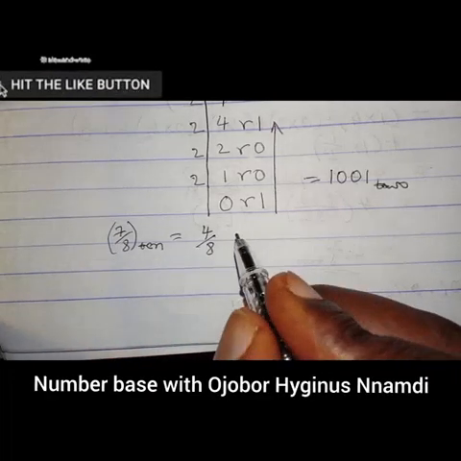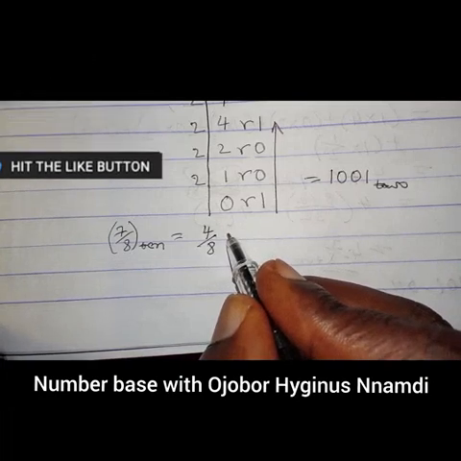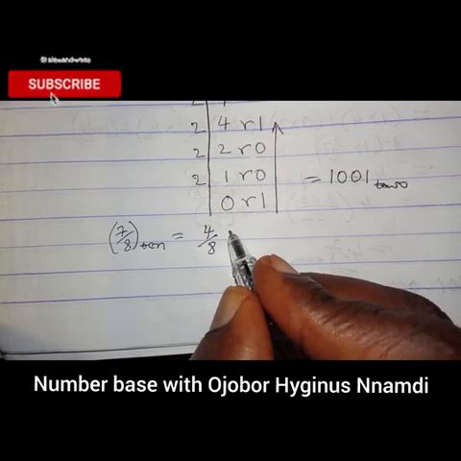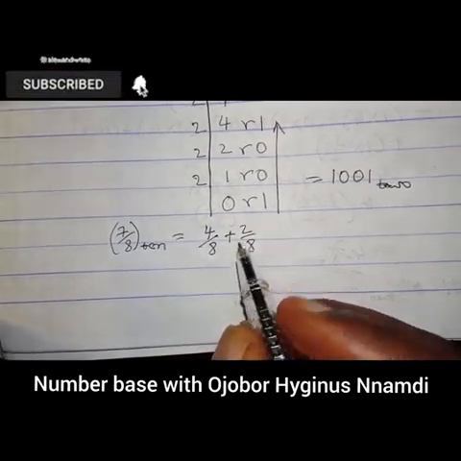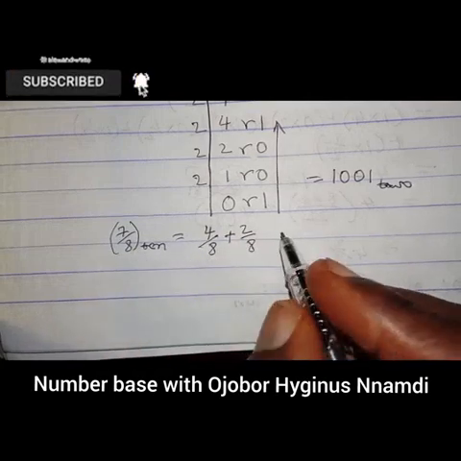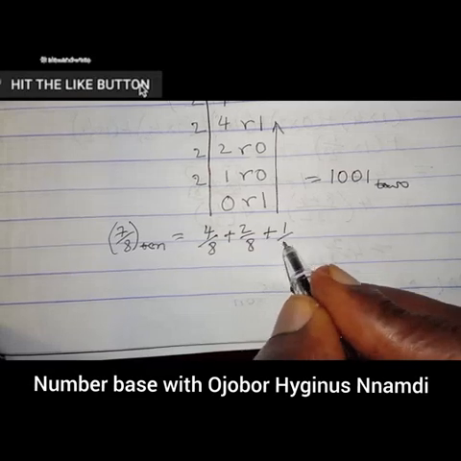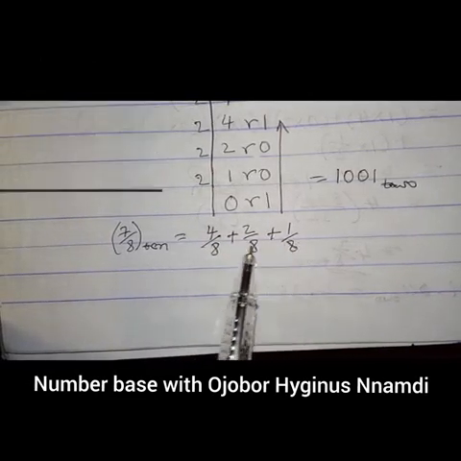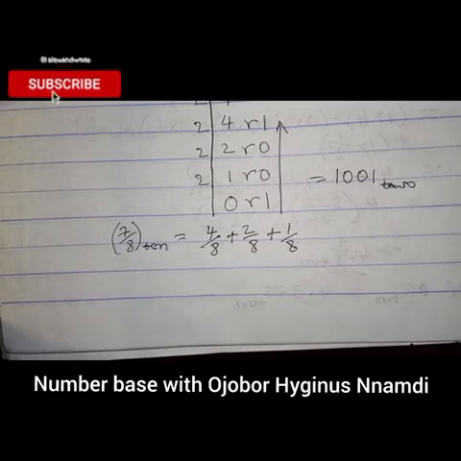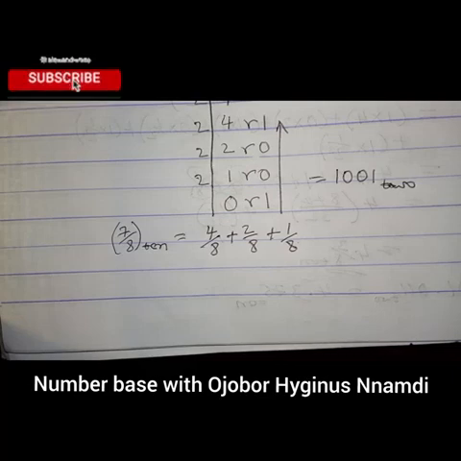The next multiple of 2 that is less than 3 is 2. So I have 2/8. If I remove 2 and 4 from 7, we'll be left with 1/8. You will agree with me that if I add these 3 fractions, it will give me back 7/8. Is that taken? That is it.